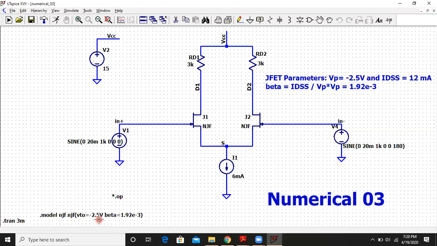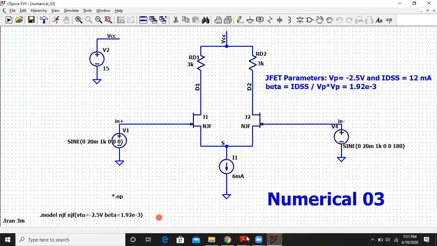And there is no provision to write IDSS, it is written in terms of BETA. The beta formula here is IDSS upon VP square. So if you take 12 milliampere divided by 2.5 square, you will get around 1.92 into 10 raised to minus 3. That's what we have substituted in the dot model over here. So kindly make a note of it. The rest of the things remain the same.